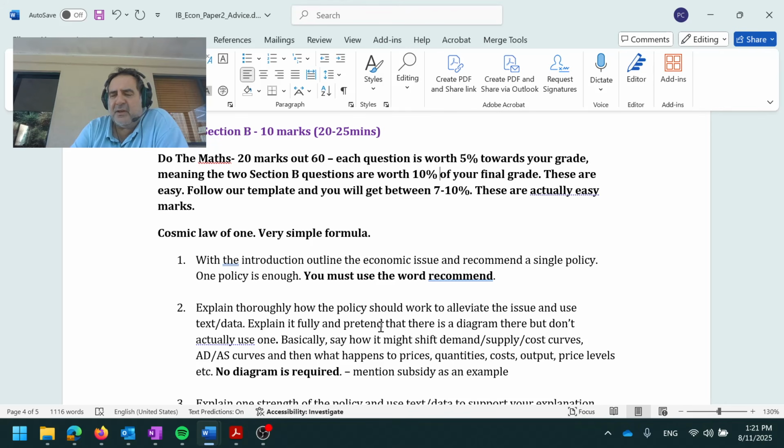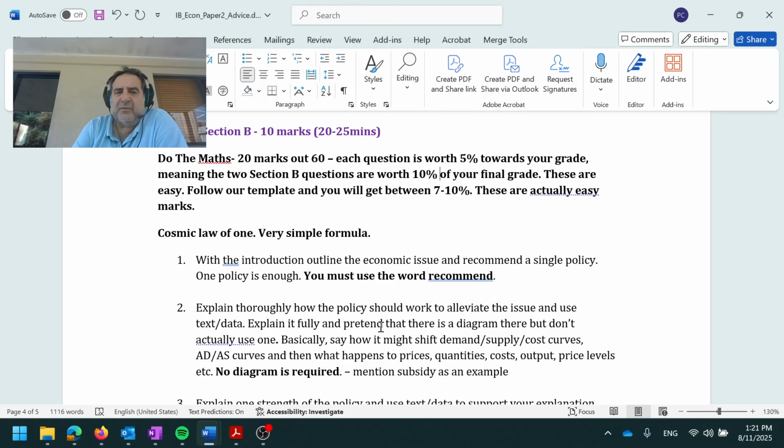You should get anywhere between 7 to 10 out of 10, which means overall you should pick up 7 to 10% towards your final grade. So, follow this template. If you do, I expect you to smash the section Bs out of the ground, and again, that sets you up very well for a good grade overall.